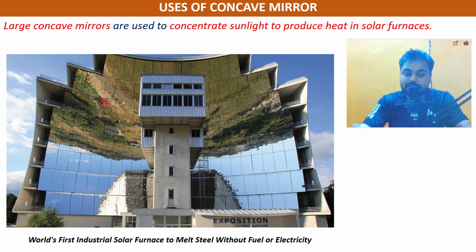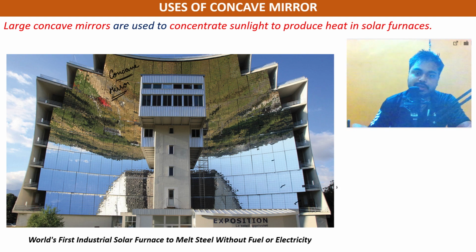an industrial solar furnace, the world's first industrial solar furnace. So you see, what is this? This entire thing is basically a concave mirror. This is huge. You can see 1, 2, 3, 4, 5, 6, 7, 8, it's an 8-storied building, and the entire thing is a concave mirror.